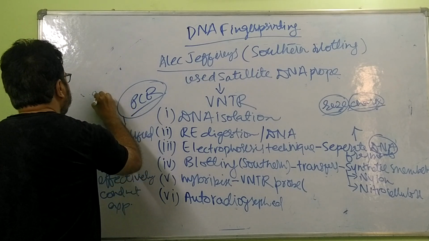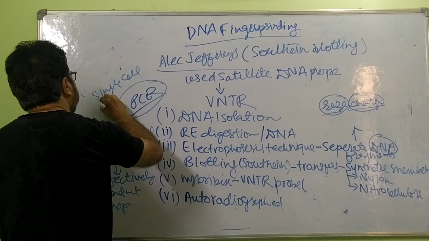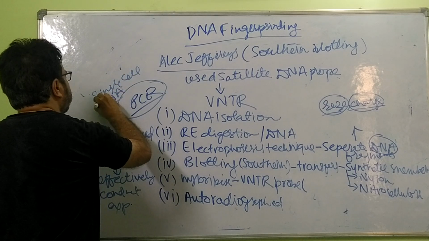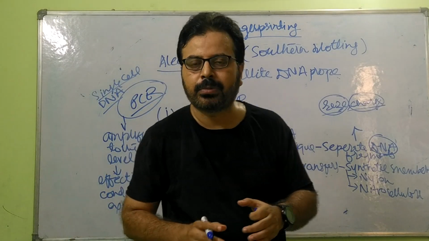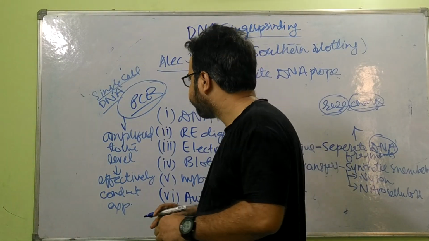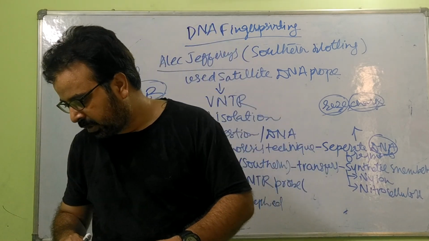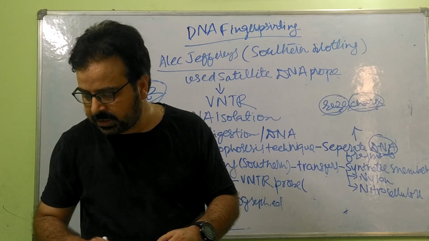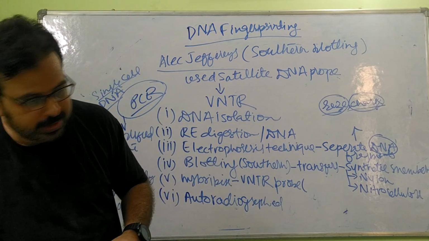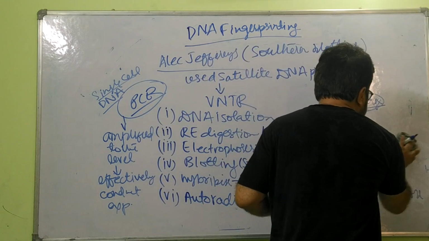So from single cell DNA, specimens of tissues from the crime scene, for example. So these were the things about the methodology of DNA fingerprinting.